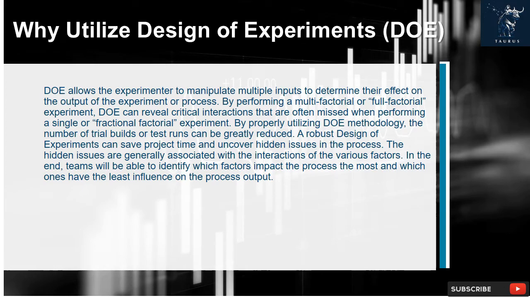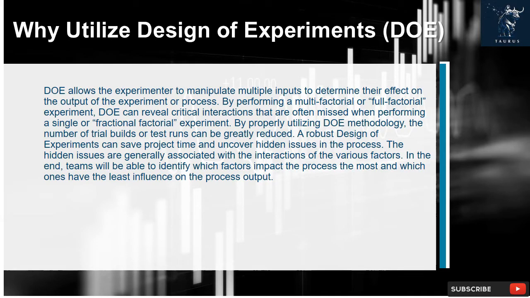Why utilize design of experiments? DOE allows the experimenter to manipulate multiple inputs to determine their effect on the output of the experiment or process. By performing a multifactorial or full factorial experiment, DOE can reveal critical interactions that are often missed when performing a single or fractional factorial experiment. By properly utilizing DOE methodology, the number of trial builds or test runs can be greatly reduced.